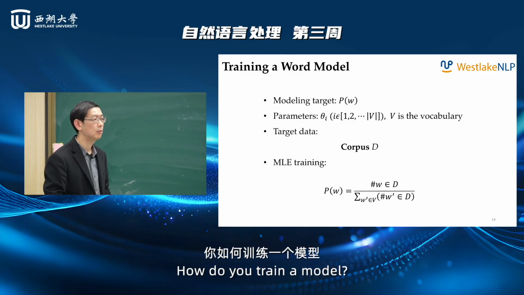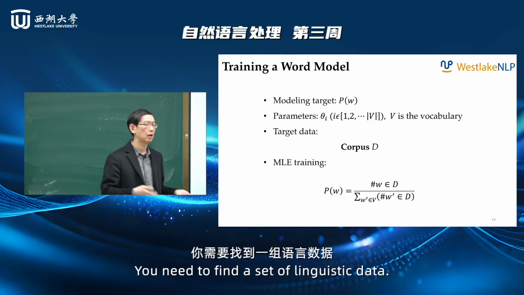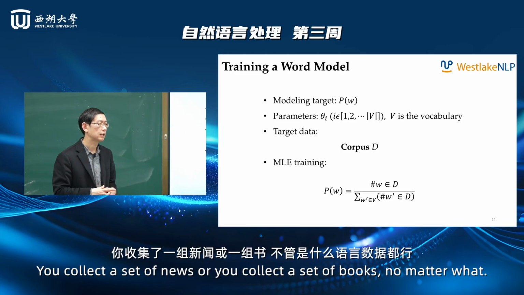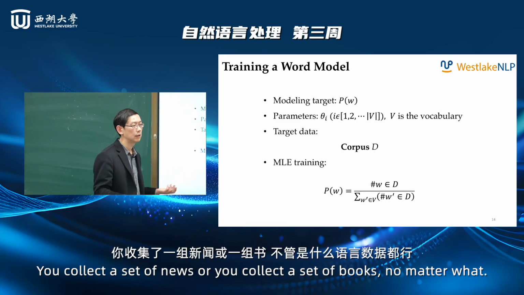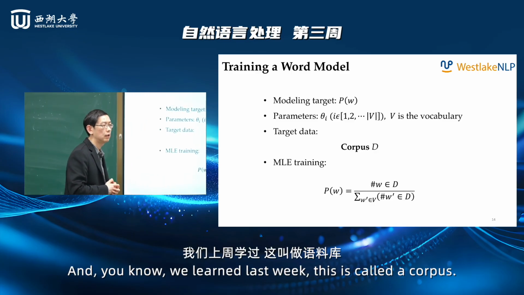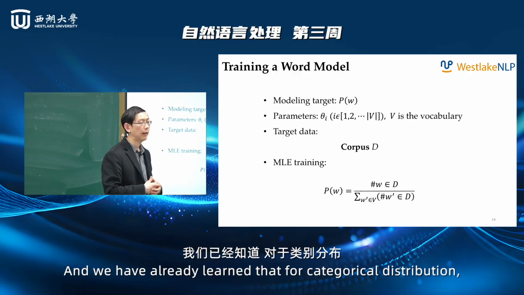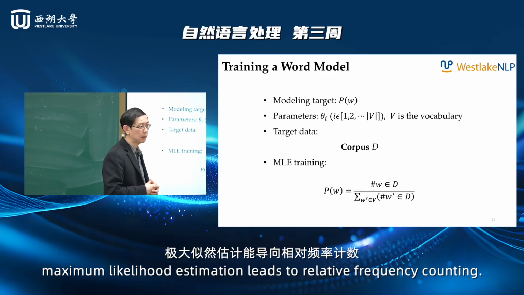And how do you train a model? Now you need to find a set of linguistic data. So you collect a set of news or you collect a set of books, no matter what. And we learned last week, this is called a corpus. And we have already learned that for categorical distribution, maximum likelihood estimation leads to relative frequency counting.